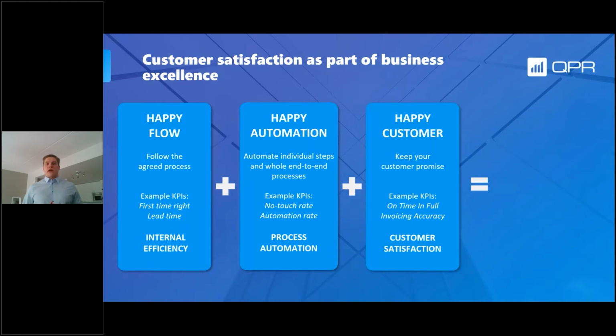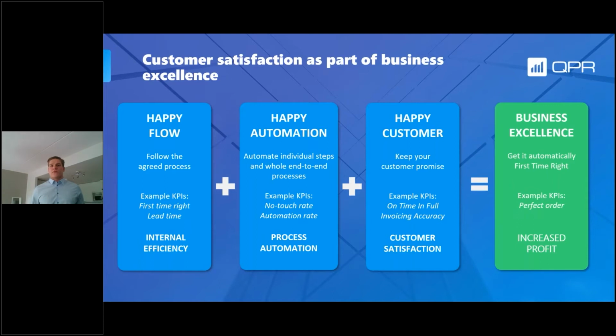We want to have a happy customer. And how can you get a happy customer? Well, you need to keep your promise to the customer. You will deliver those planks early or on time, exactly the correct size and exactly the correct type as they purchased, because that's what they are paying for. The combination of these three turns into business excellence. You automatically do things right the first time, and you produce only perfect orders.